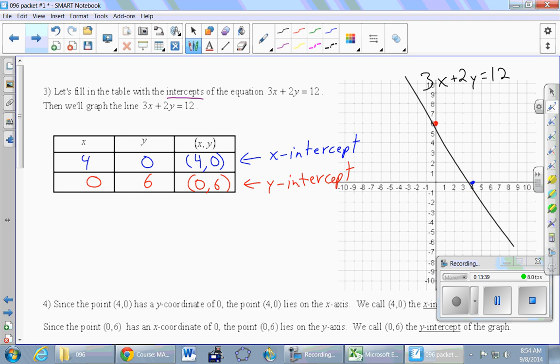So 2 things I want to say about this. Number 1, when you find the intercepts, it might be really tempting to say, okay, we got x equals 4, we got y equals 6, so 4 comma 6 is the intercept. And it isn't. It's 2 separate points. And 4 comma 6 is just floating out here in the ether. It has nothing to do with that line.